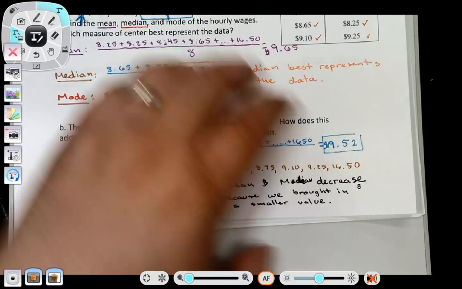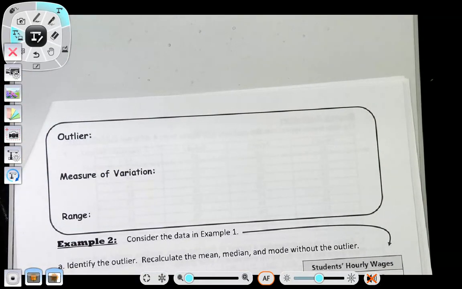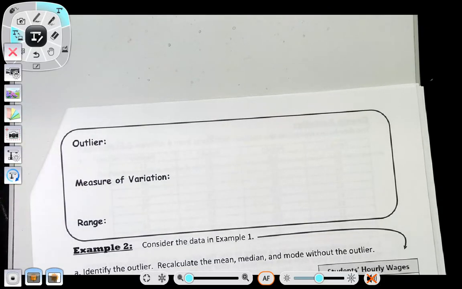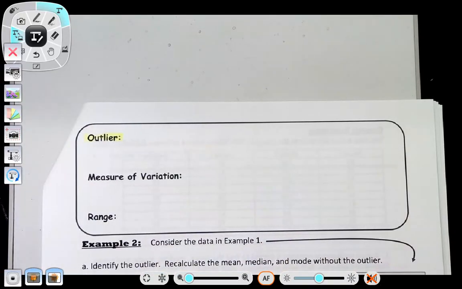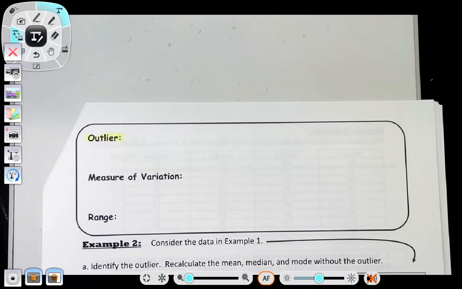Flip it over. We have another little page there. So now we're going to talk about something called an outlier, okay? So an outlier is basically a number that doesn't fit the rest of the data, right?